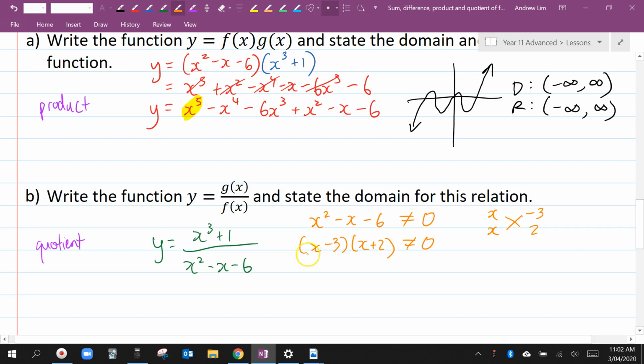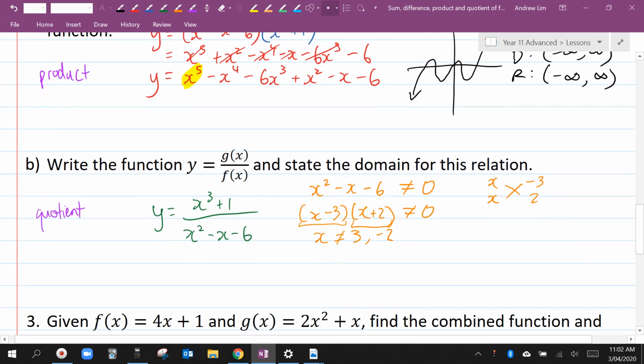In order for this to equal 0, one of these has to equal 0. That means x cannot equal 3 or negative 2. Because if x was 3, then this whole thing will become 0, and 0 times 5 is 0, and that's not allowed to happen. And if x was minus 2, then minus 2 plus 2 is 0, this will become 0, and 0 times minus 5 is also 0, and we cannot allow that to happen. So x cannot equal 3 or minus 2.